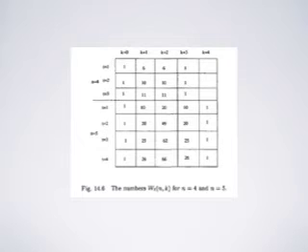If P is an n-permutation and P equals L n R, and neither L nor R is empty, then f of P is equal to f of L followed by n followed by f of R. If P is an n-permutation and P equals L n, then f of P is equal to n followed by f of L. And if P equals n R, then f of P is equal to f of R followed by n.